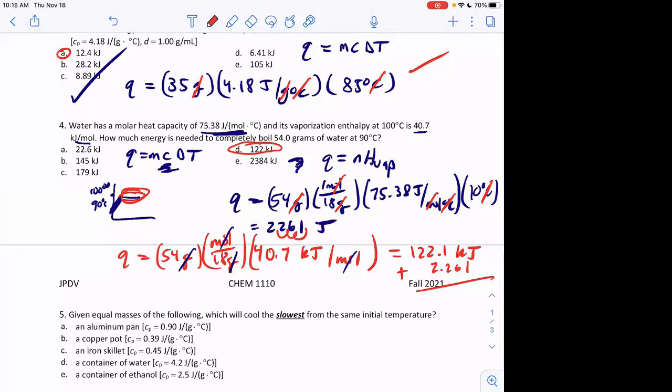Really should have been 124, or 24 kilojoules. Unless I had 2384 and everybody last year got gypped because I had the wrong answer on my key.